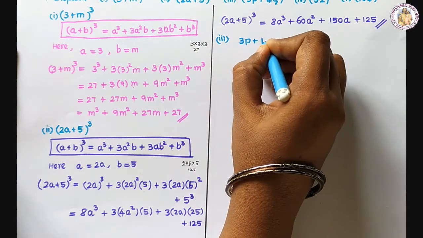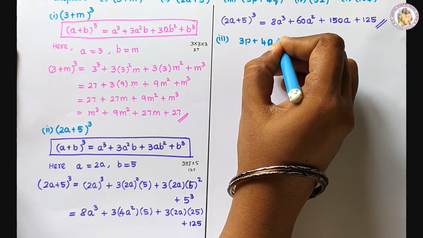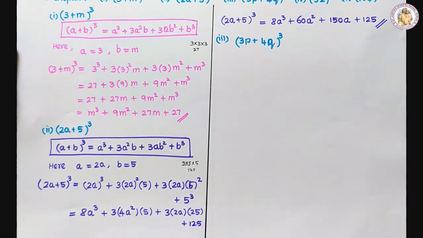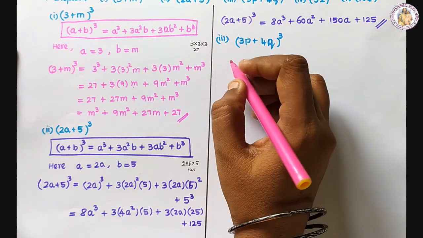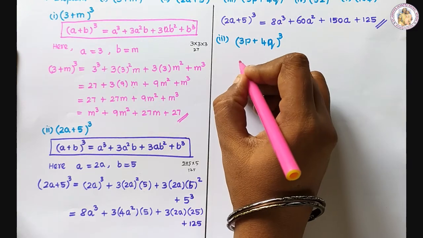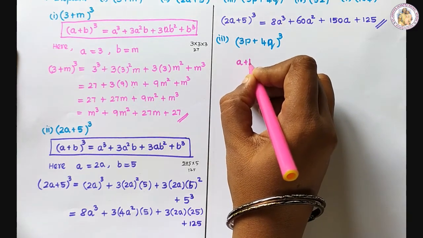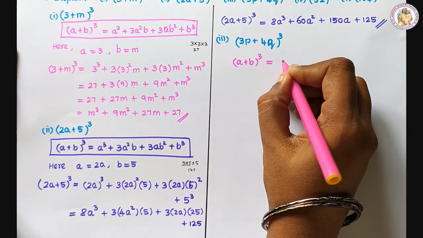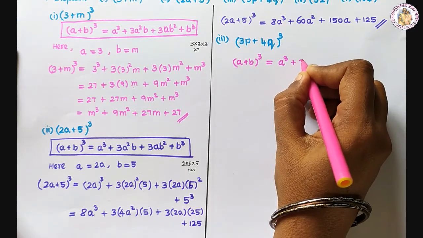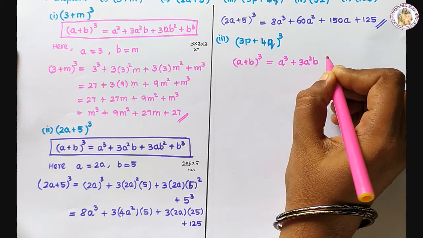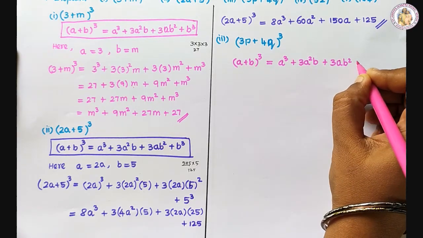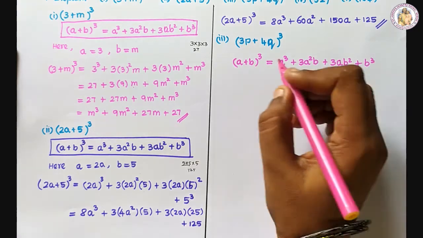Next one, 3p plus 4q whole cube. Listen, that is the a plus b whole cube formula, equal to a cube plus 3a squared b plus 3ab squared plus b cube.